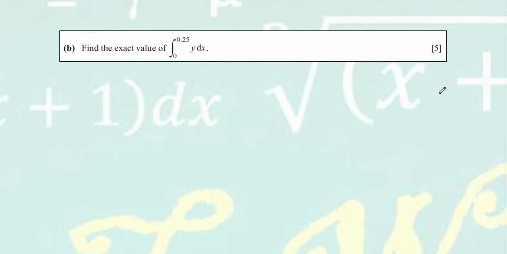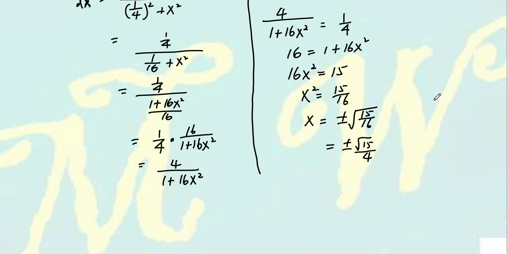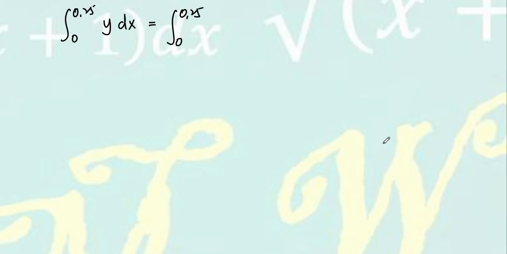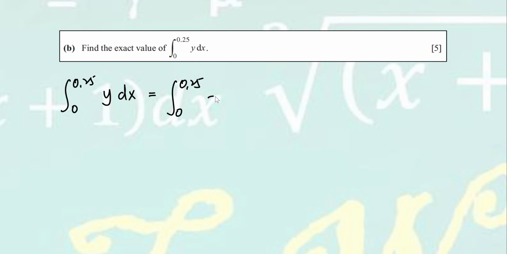Okay, now B, find the exact value of the integration. So the y is arctangent 4x. To integrate arctangent 4x, we don't have a formula.